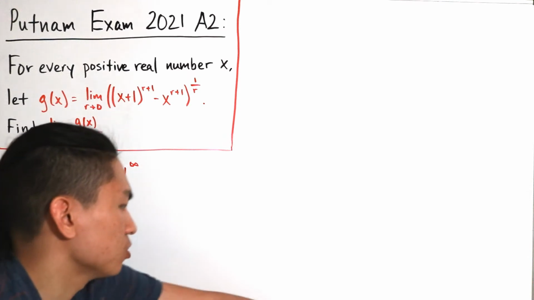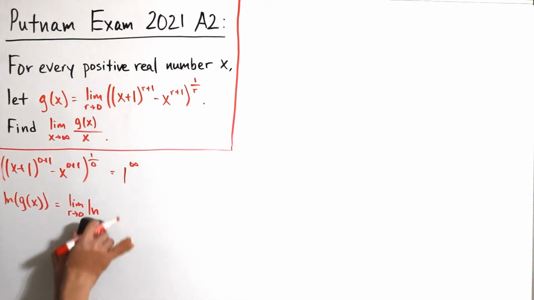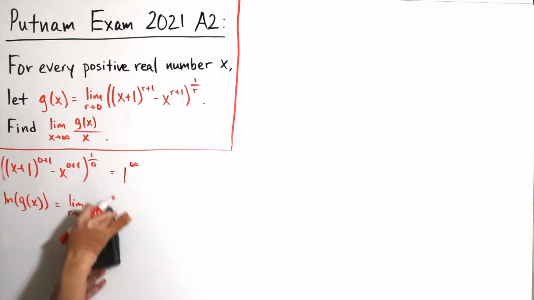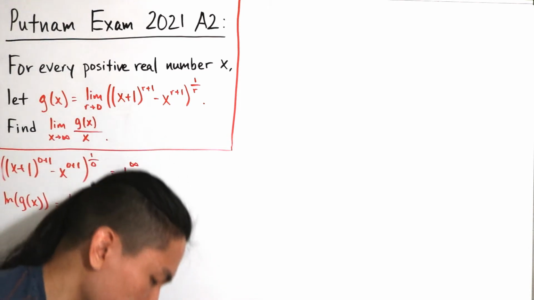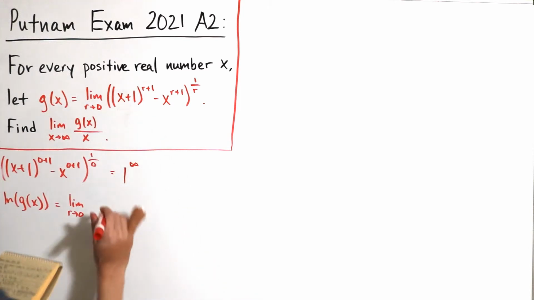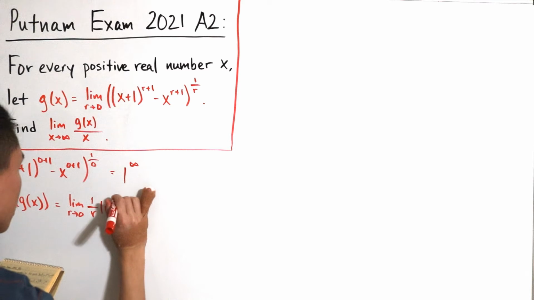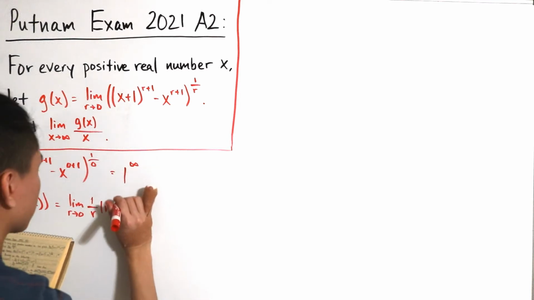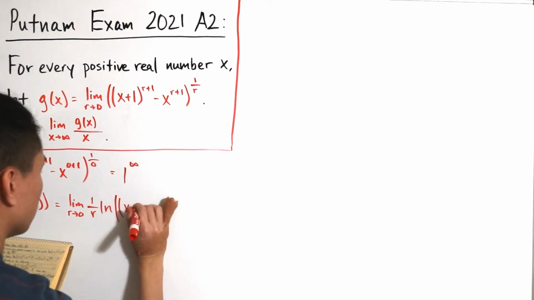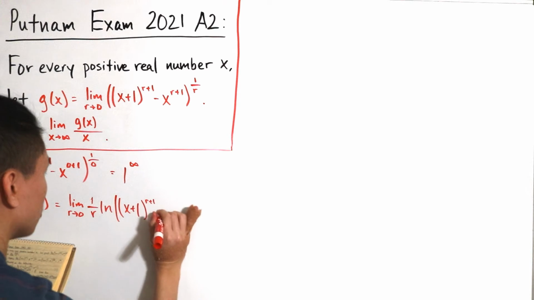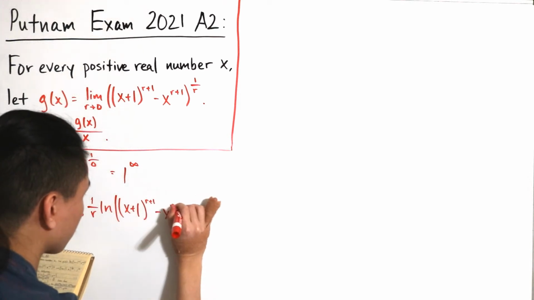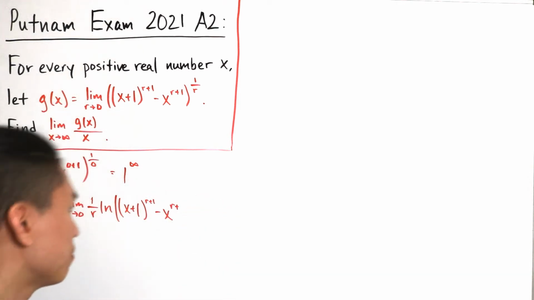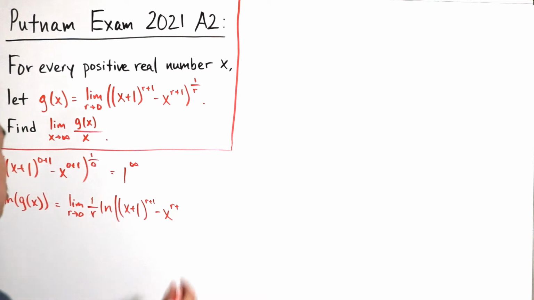If we take the natural log, I can move this 1 over r exponent to the front of our natural log. So we have 1 over r, times ln of the same expression on the inside: x plus 1 to the power r plus 1, subtract x to the power r plus 1. Sorry about that, it is supposed to be r plus 1.